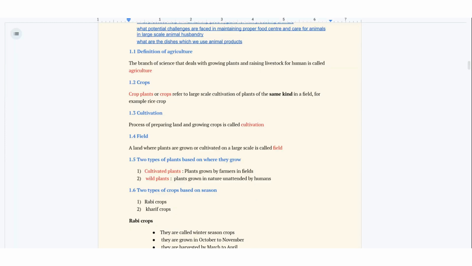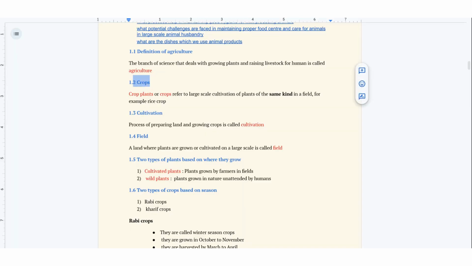So basically, it is a branch of the science where we talk about growing plants like paddy, wheat, bajra, mustard, etc. So once again, the branch of the science that deals with growing plants and raising livestock for human is called agriculture.